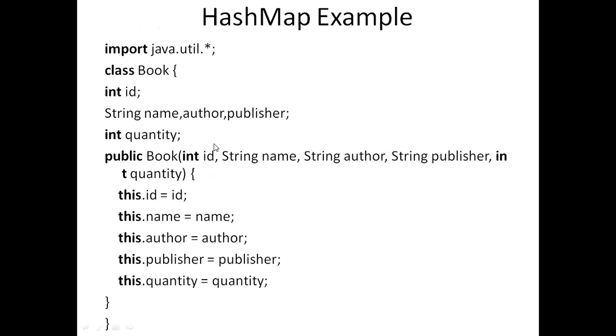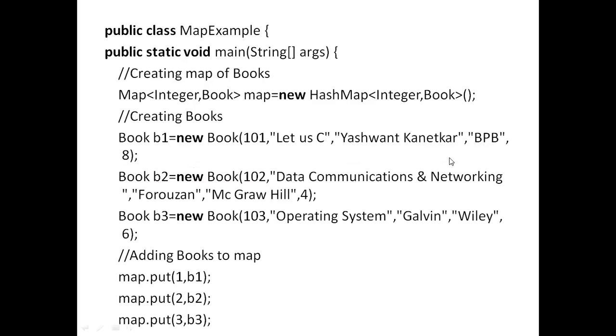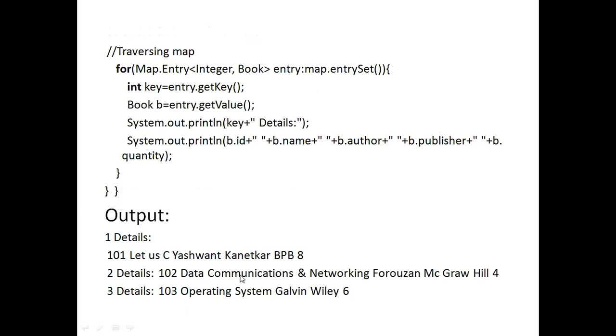What are the things they have given here? ID, name, author, publisher, quantity. So this.id, already we have discussed, refers to the current object. I have given the values as arguments, so these are the parameters. Next, map.put(1, b1), map.put(2, b2), map.put(3, b3): first position b1 value, second position b2, third position b3. Over.